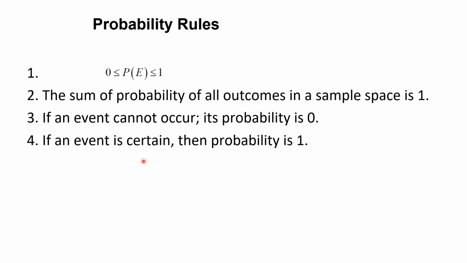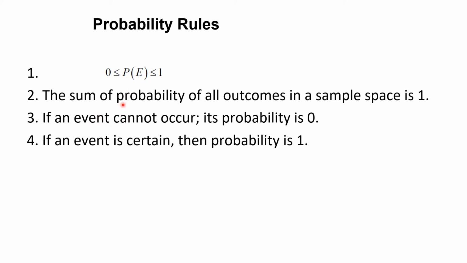And if an event cannot occur, there is no possibility of it at all occurring, that means the probability is 0. So your lowest possible value of probability is 0 and the highest is only 1. You can't even have 1.0001. And the sum of the probabilities of all outcomes in a sample space is 1.